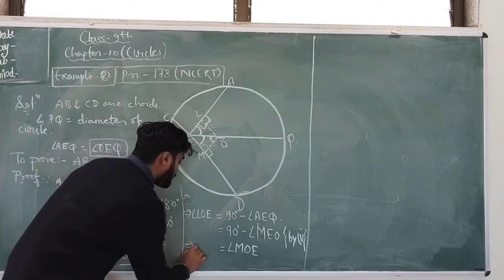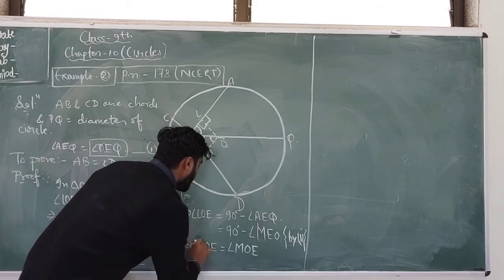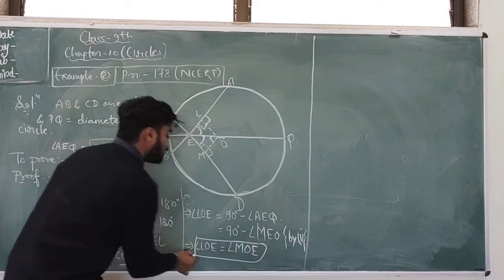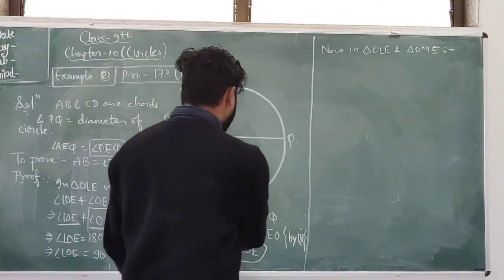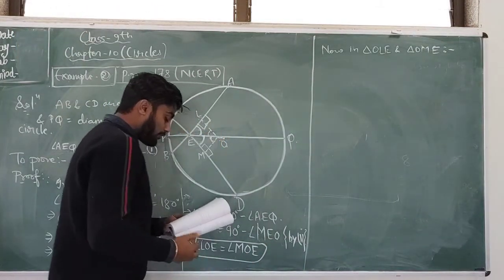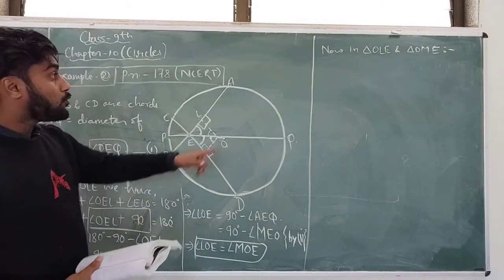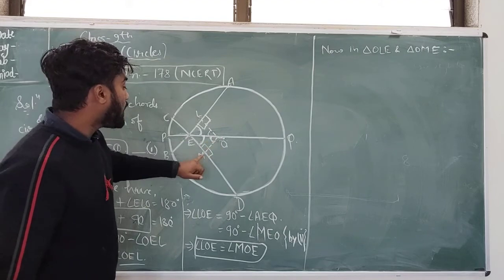So whatever we have in LHS, angle LOE is equal to angle MOE. First thing we have done: these two angles are equal. Now we take triangles OLE and OME.